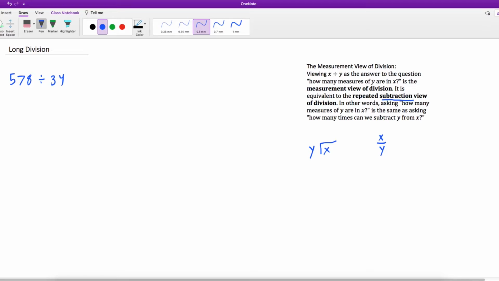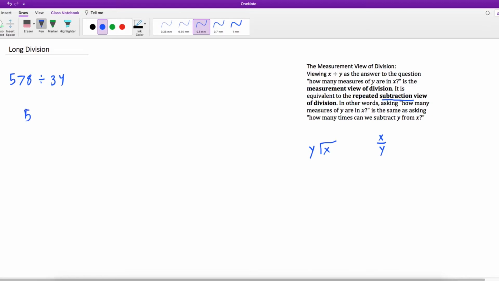So if we were to just do straight up measurement view, subtraction view, with no shortcuts, no attempt at efficiency, we would just count how many 34s are in 578, or in other words, subtract 34 from 578, however many times we need to get down to 0. That's going to take a little bit of time.